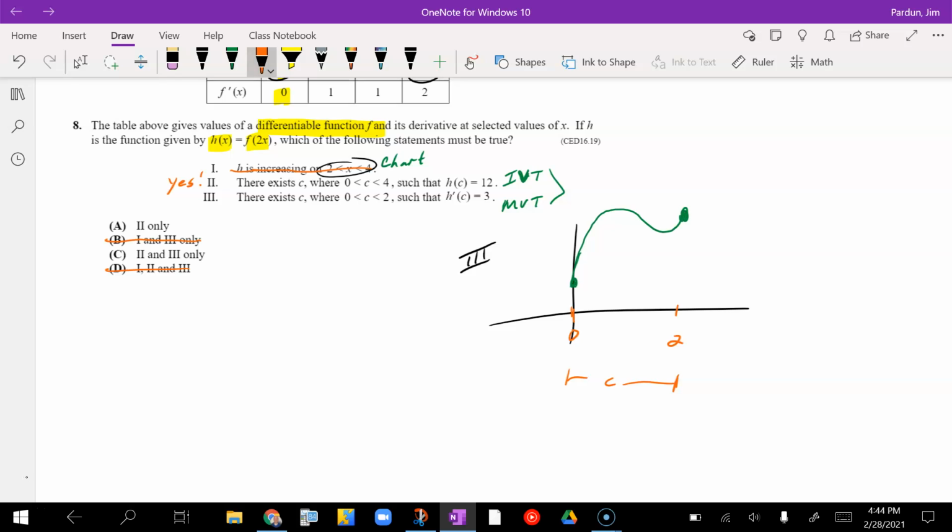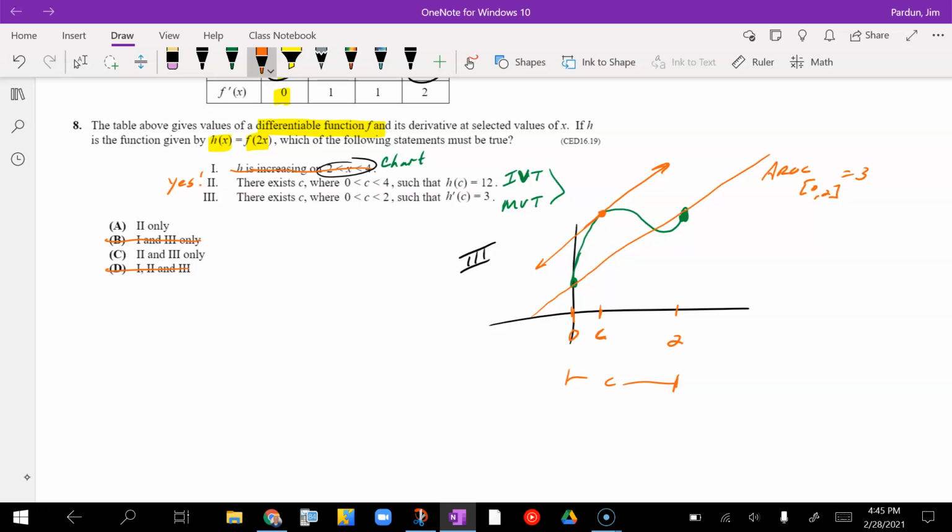What I can say is that if the average rate of change between 0 and 2 is equivalent to 3, then there absolutely has to be at some point an instantaneous rate of change of 3, and maybe that happens right here. The instantaneous rate of change, that would be my c value, has to match the average rate of change between 0 and 2.